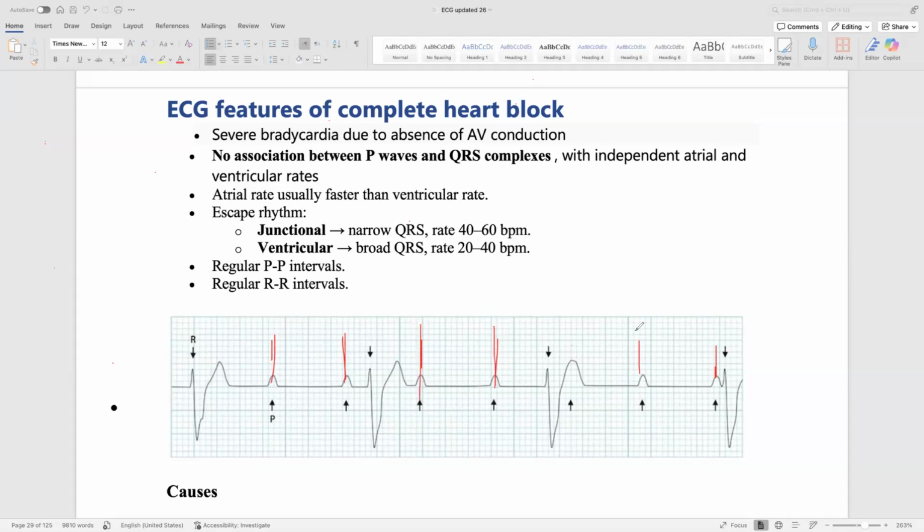So if we look at an atrial ECG and remove the R waves, what do we have? Regular PP waves. Same time. Equal. Regular PP intervals.